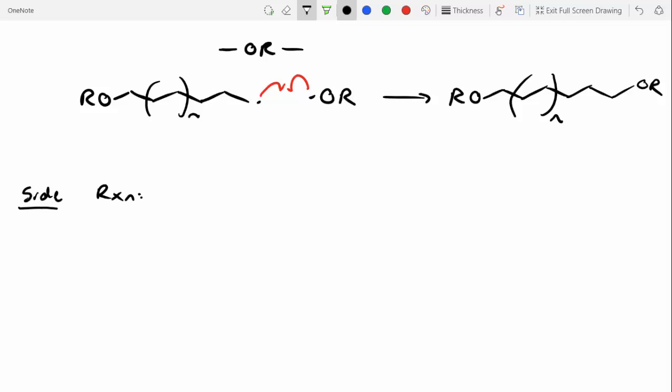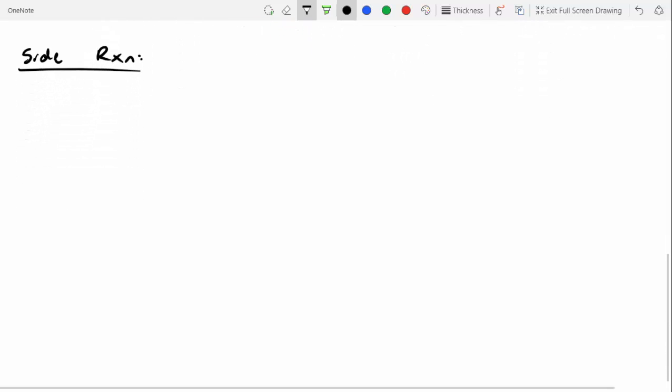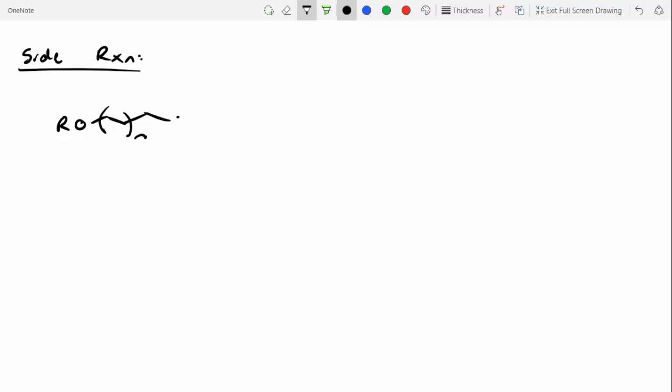And it's a really important side reaction. So let's say I have this radical floating around in solution, and then I've got another big long polymer, and I'm going to draw this polymer like this with an N, and we've got hydrogens sticking off each end.